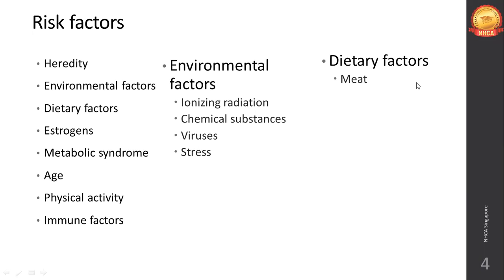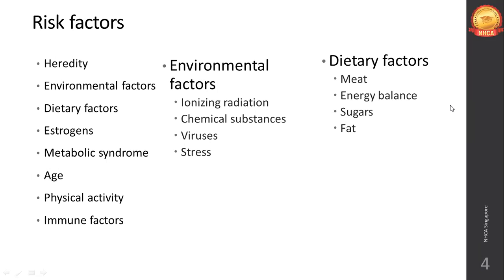Dietary factors: consuming too much meat, red meat especially. Energy balance: if a person is obese, their BMI has been increasing over a period of time, from overweight, that is also a risk of getting cancer. Sugars, too much starch in the diet.